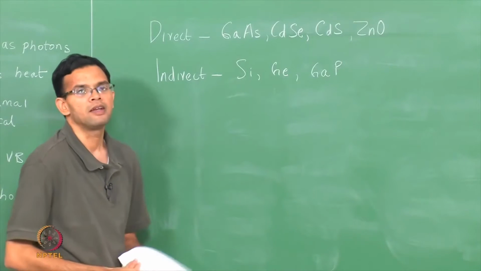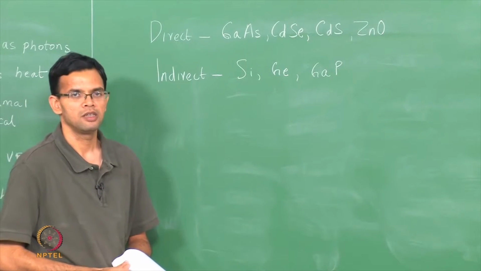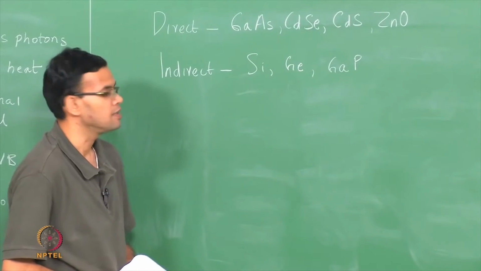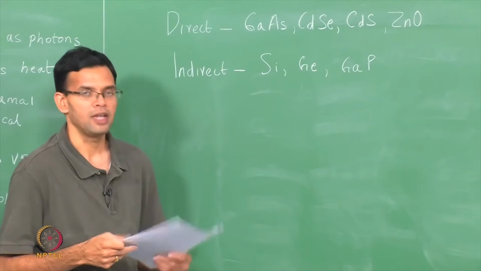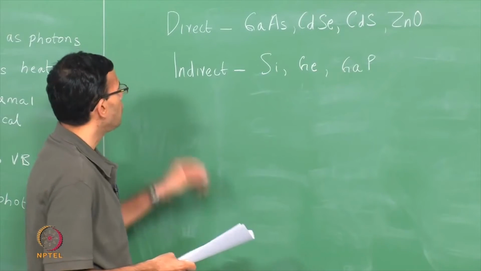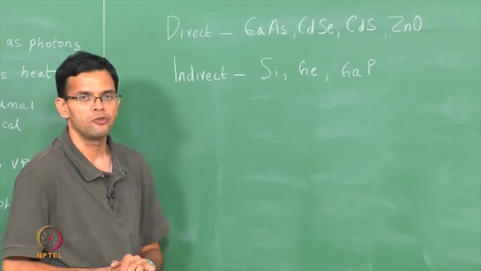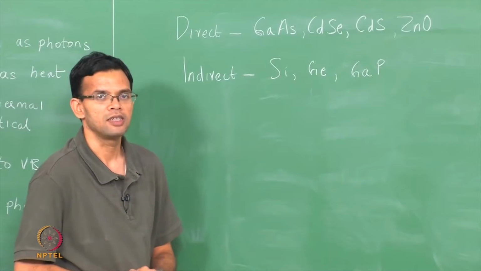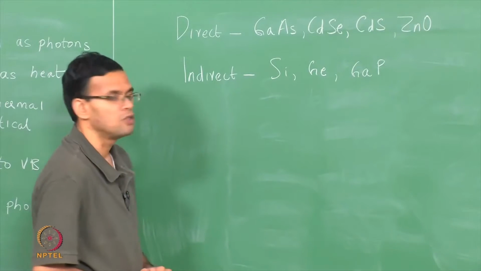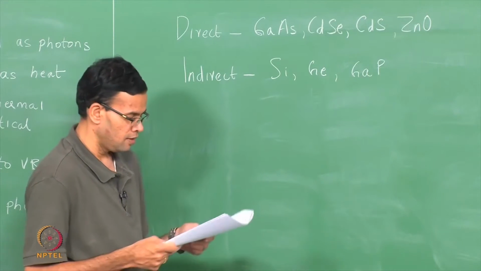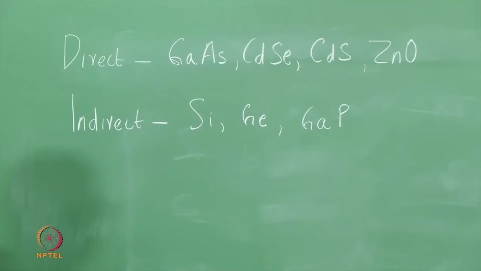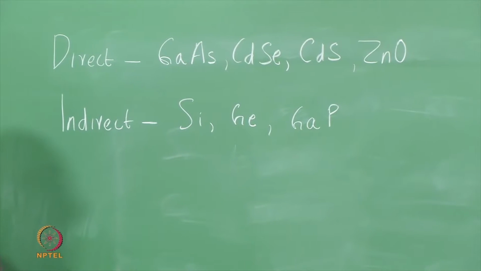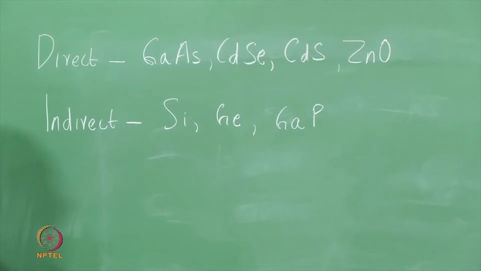Direct band gap semiconductors have applications in the case of optoelectronic devices. They can be used in LEDs, solar cells, photovoltaics and so on. So, that is one of their advantages. They not only have applications on the electronic side, they also have applications on the optical side. To understand the difference between direct and indirect band gap semiconductors some more, we can also look at the band structure.